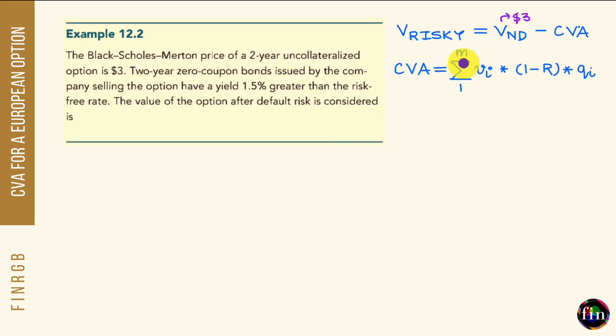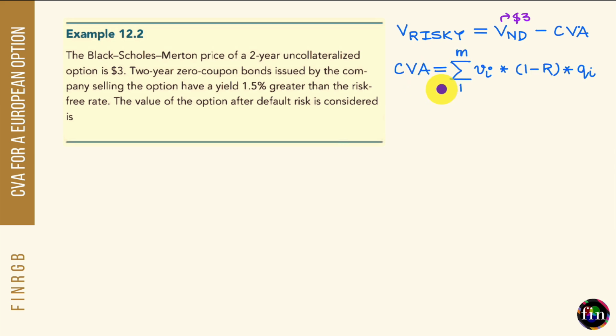Let the number of time slices be m, and for each time slice I calculate the product of the discounted expected exposure, denoted by lowercase v, times the loss given default, denoted by 1 minus r, where r is my recovery rate, times the marginal probability of default for the given time slice. So we calculate the product of these 3 inputs for each time slice, and then we sum this product over all the time slices that we have. That will give us our CVA.